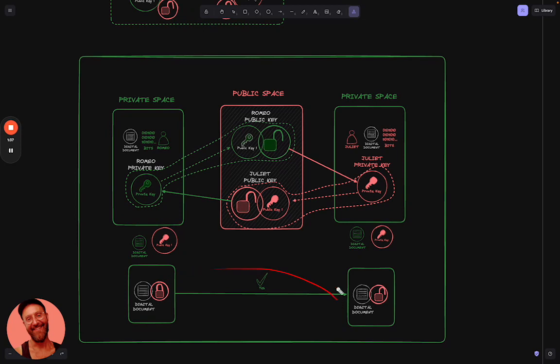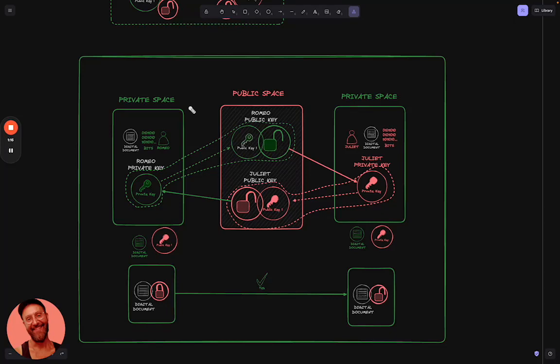He sends the message, and Juliet with her private key decrypts the message and reads the poem. And in the opposite direction, if Juliet wants to send a message, she uses the public key from Romeo to encrypt the message, and once Romeo has received it, with his private key he is able to read the message.